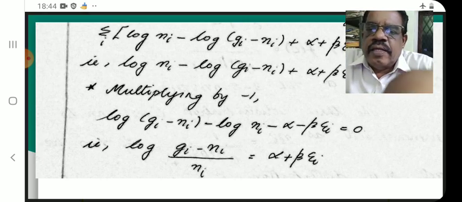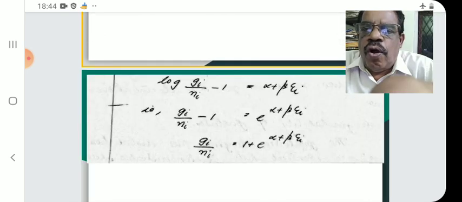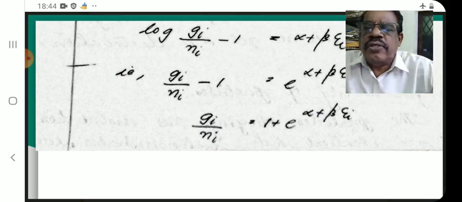Now we convert this logarithmic form into exponential form. Before that, our division is done.